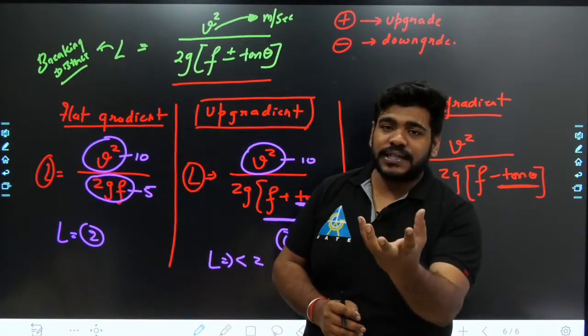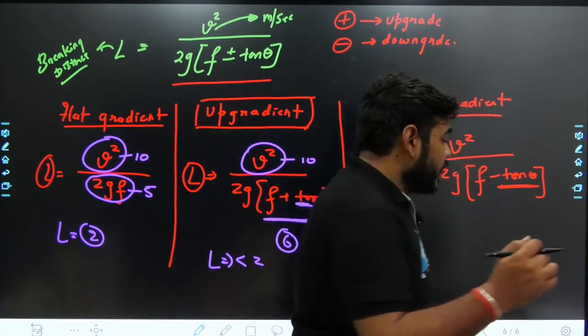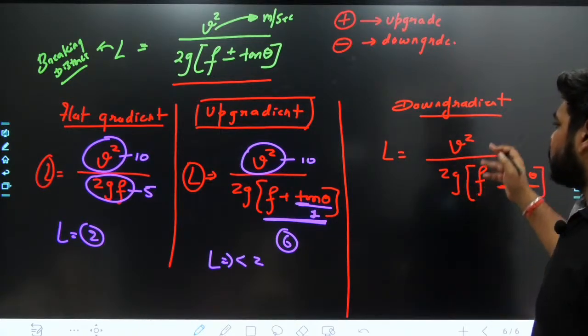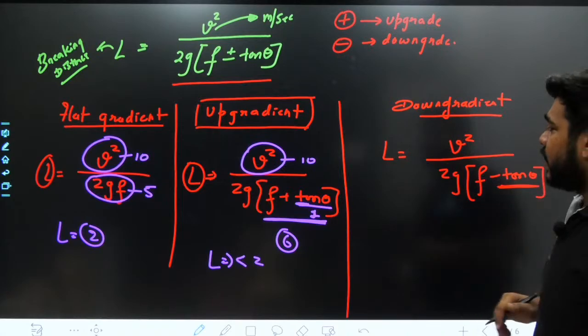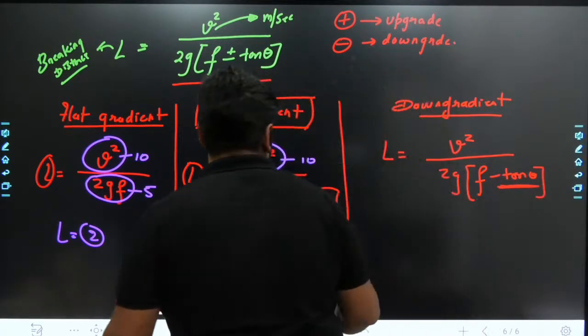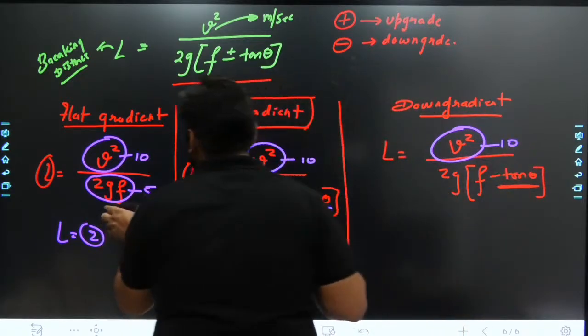So why does this distance come out to be more in comparison to moving on a flat gradient? Why are we getting more braking distance? Let's take the same example again. This v square value is coming out to be 10 and the 2gf value is coming out 5.